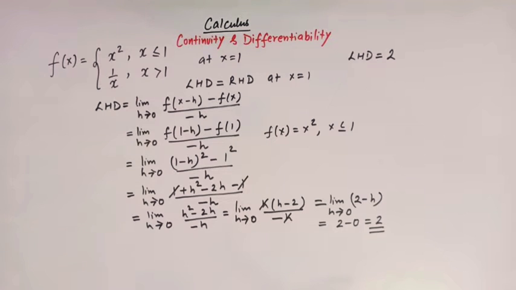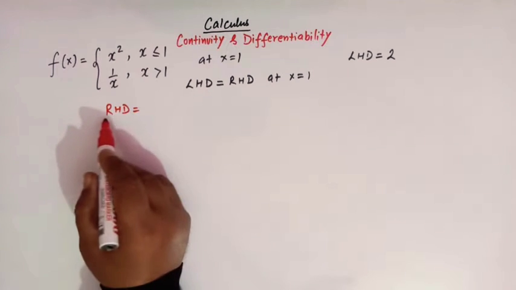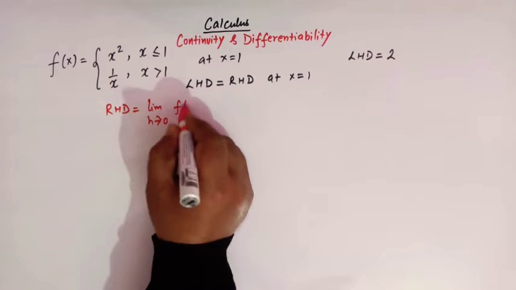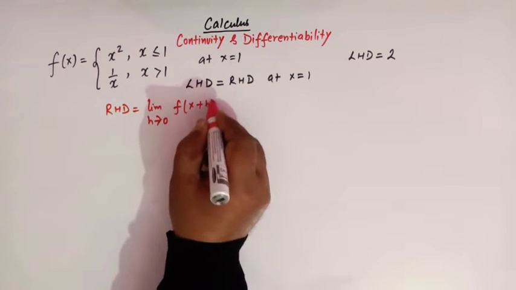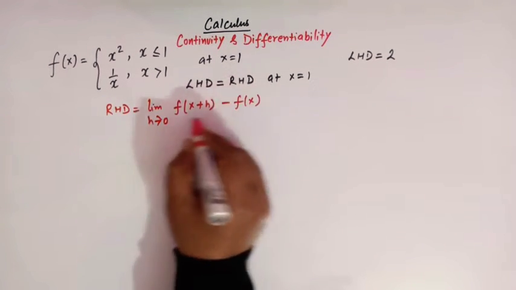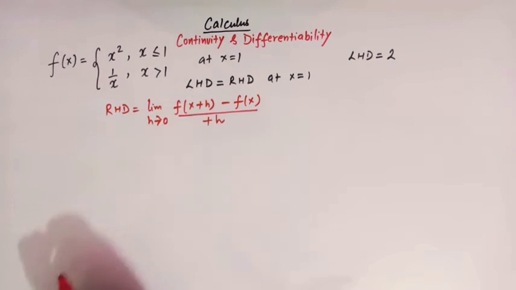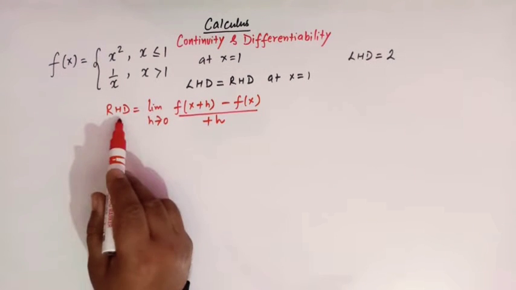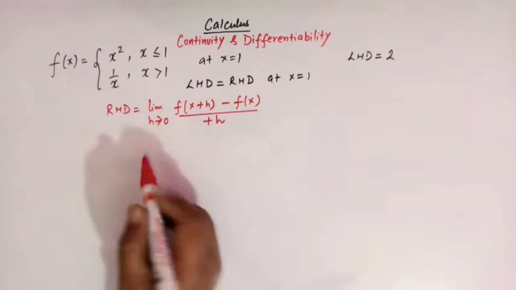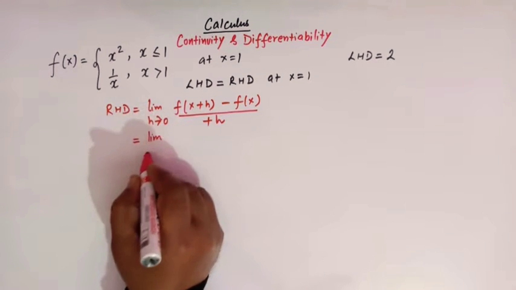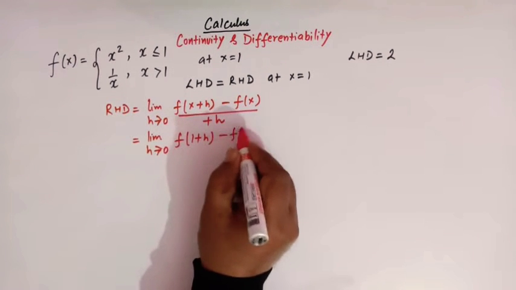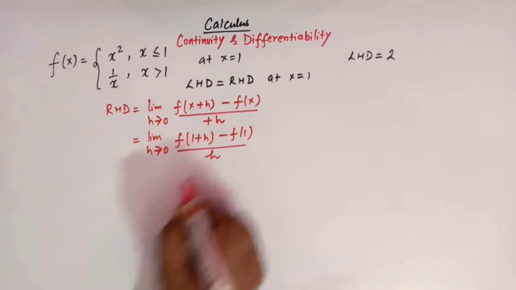Now we have to find the right hand derivative. Now the right hand derivative is defined as limit h tends to 0 f of x plus h minus f of x divided by h, right? So this is the definition of right hand derivative. So here x is equal to 1, so we have limit h tends to 0 f of 1 plus h minus f of 1 over h, right?